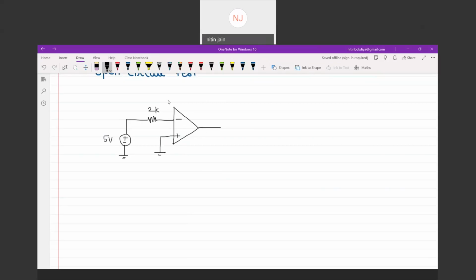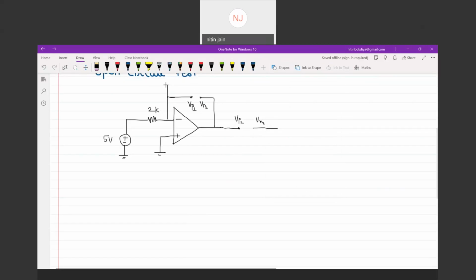Now we can have one diode which is open circuited, of course. This is VP1. This is VN1. Then we are having one more open circuited here. This is VP2 and VN2. This is the whole idea.